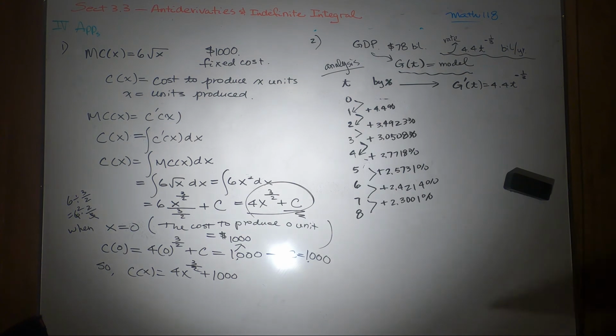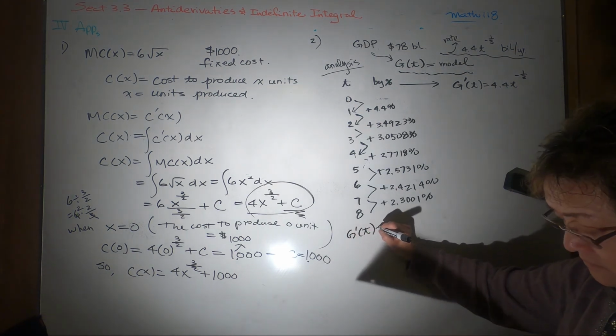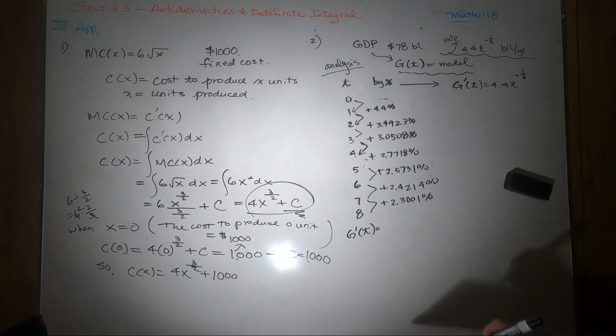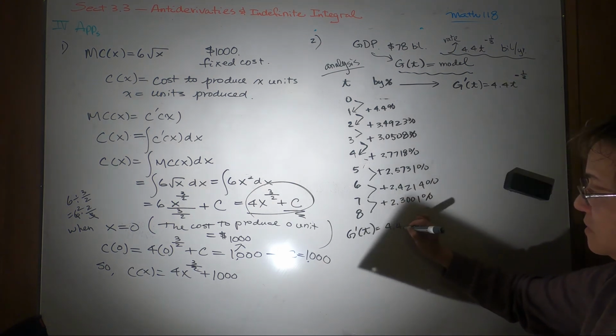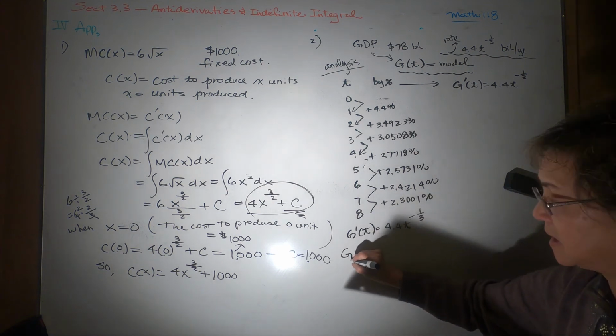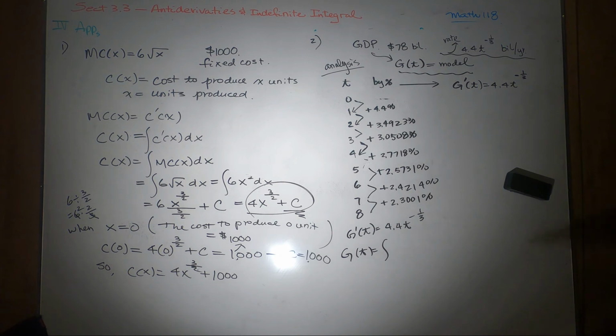So if I do G prime of T, that's 4.4 T to the negative 1/3. Then GDP, G of T, will be the antiderivative of that, right?